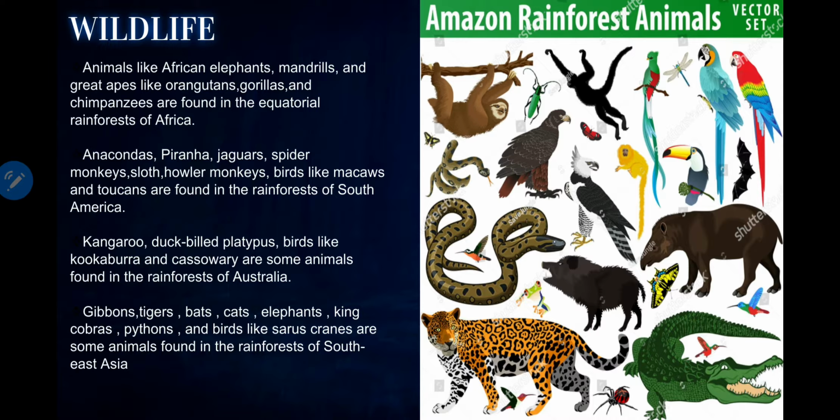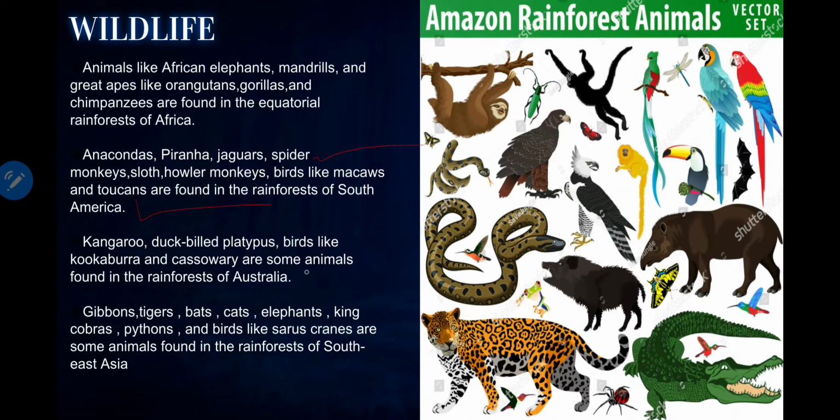Some animals like African elephants, mandrills and great apes like orangutans, gorillas and chimpanzees are found in the equatorial rainforest of Africa. Anacondas, piranha, jaguar, spider monkeys, sloth, howler monkeys, birds like macaws and toucans are found in the rainforest of South America.